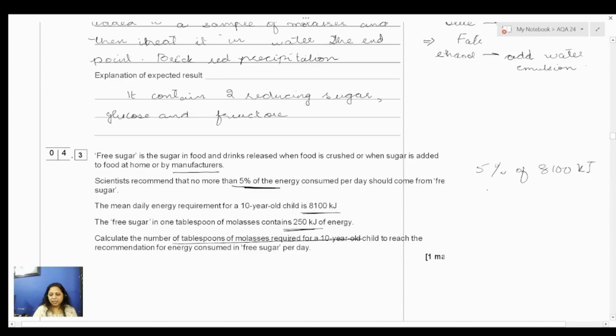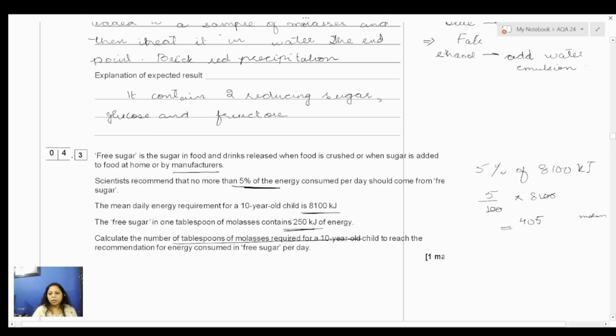So 5% means 5 divided by 100, multiplied by 8100. So 5 into 81 is, yes, okay. So this is the energy he needs from molasses.